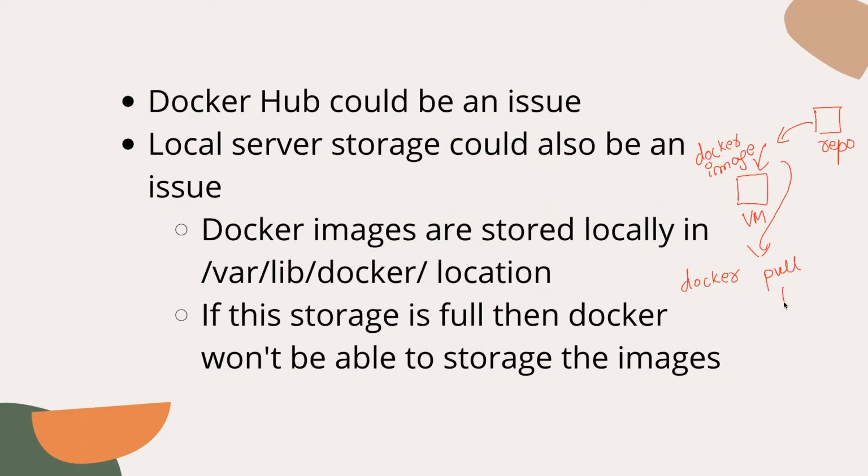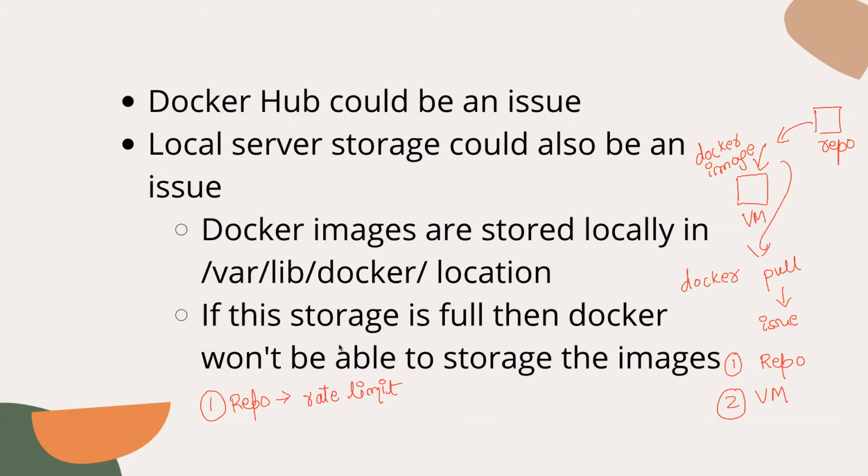Now, if this command is having an issue, it can be two reasons. One, it can be an issue with the repository, and two, it can be an issue with the VM. So let us take the first example. If it is an issue with the repository, then it could be possible that you are hitting a rate limit. I have explained what this is in other interview question discussions, which you can find in my channel.